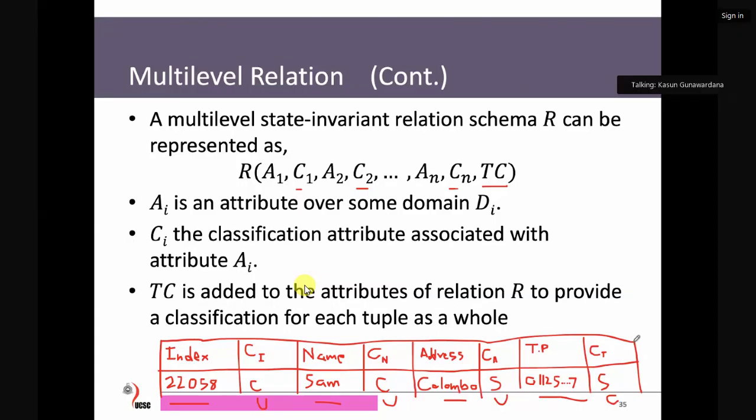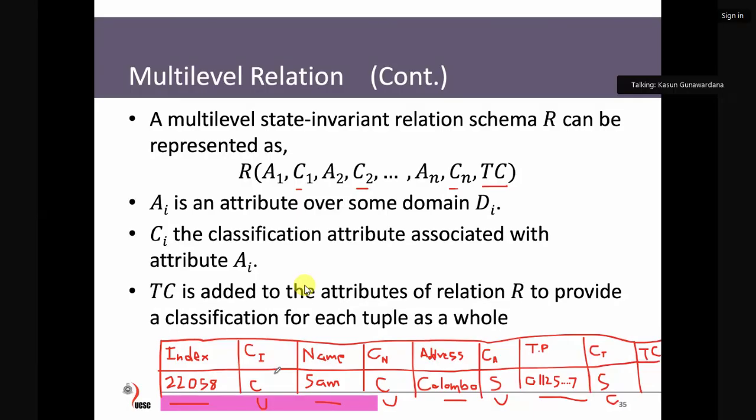So this TC is added to the attributes of a relation R. So we add another attribute TC. It is a classification for each tuple as a whole. So if we take a tuple as a whole, what is the classification level?